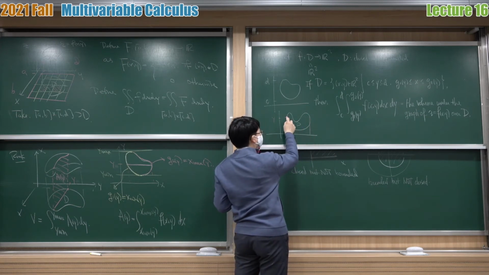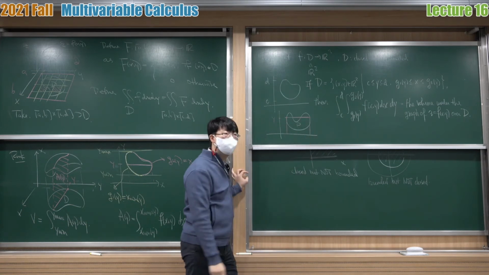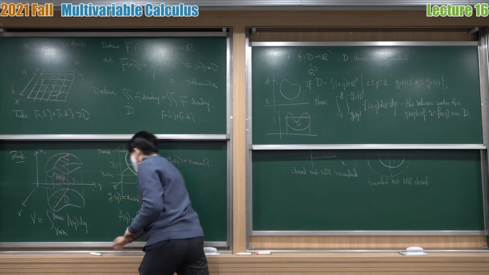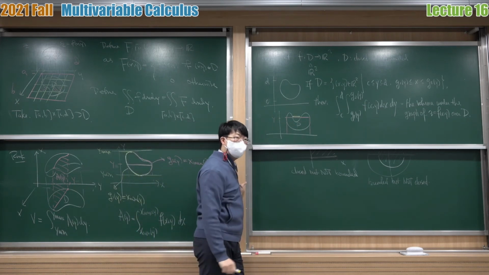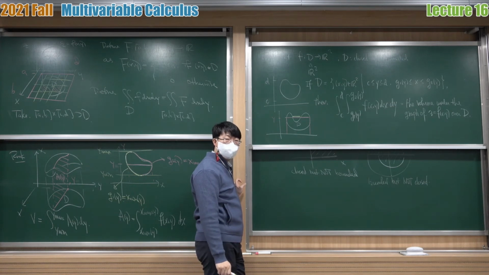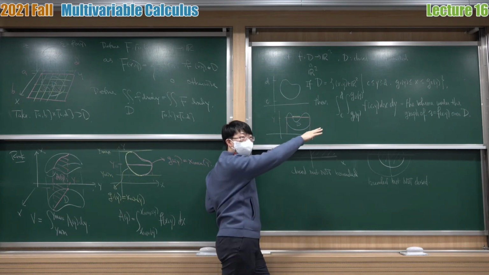That means I'm trying to integrate over this interval. There are sub-intervals not contained in D, and the function is not even defined outside of D, so it doesn't make sense. So we want to avoid this kind of situation.